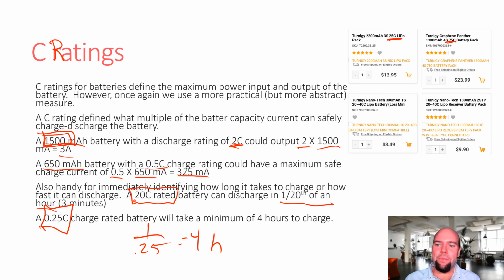Yeah. So this battery can output 97.3 amps of current, 97 amps of current, and it's a 4S battery. A 4S battery means there are four cells in series, so that's nominally 3.7 times 4.